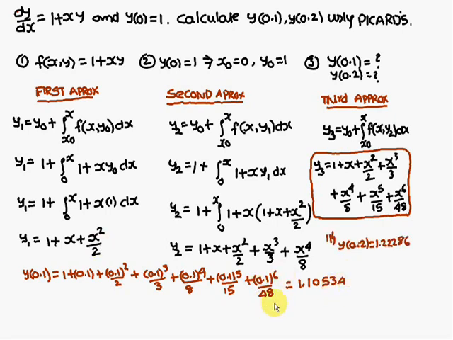Similarly, for y of 0.2, substitute 0.2 in place of x and you get 1.22286. This is about Picard's method. You have to remember that Picard's method is approximations. Thank you.